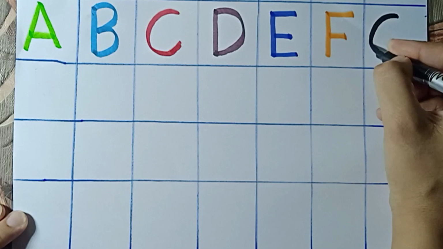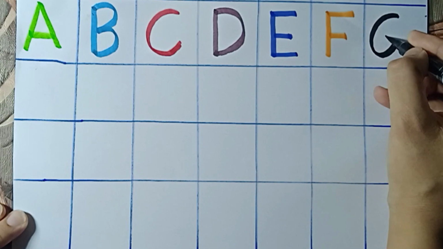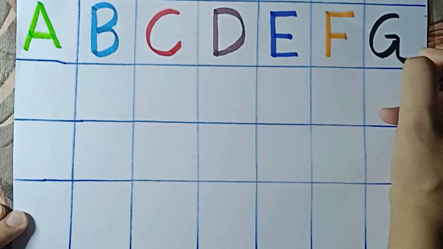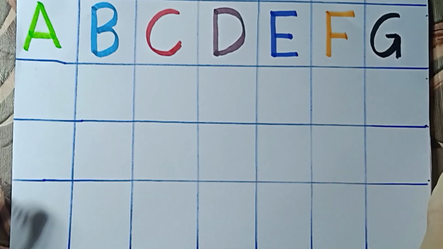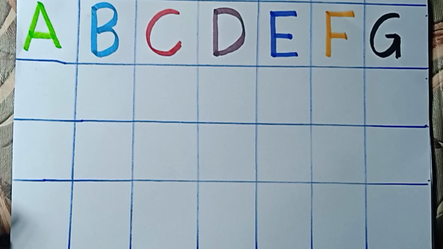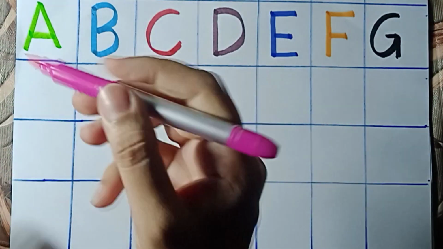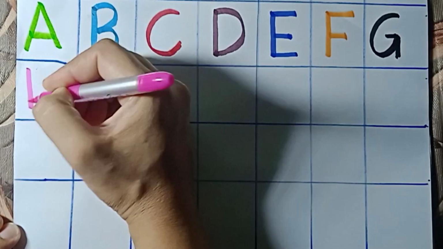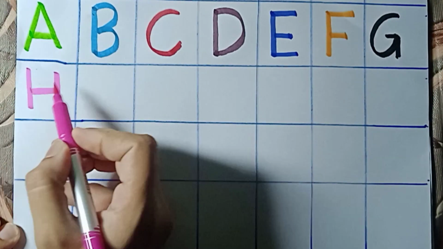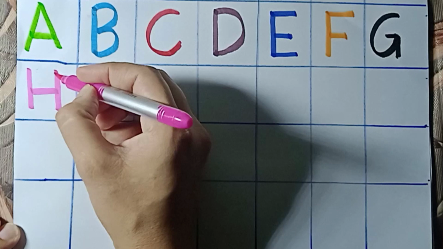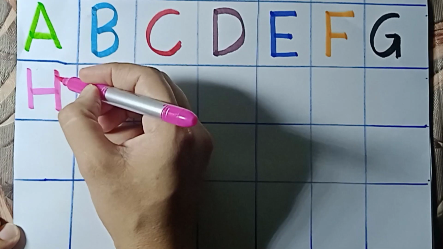G. G for grapes. G for grapes. Pink color. H. H for hen. H for hen.